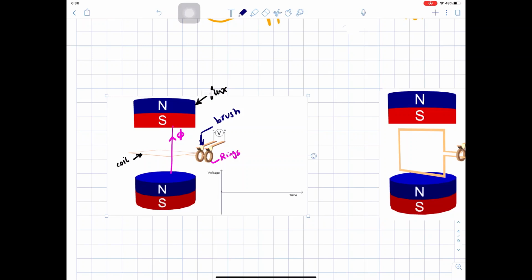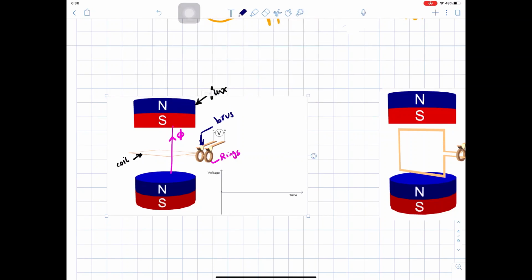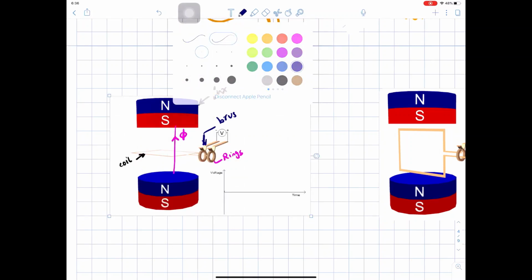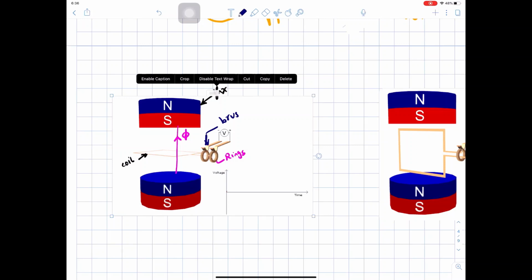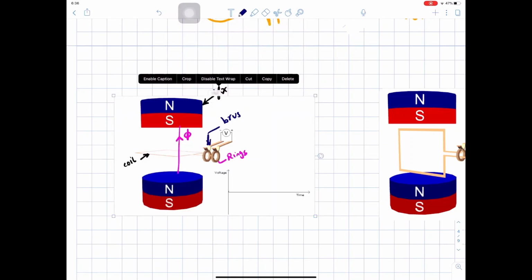This coil has a side A. Okay, let's see what is going on here. So this coil has side A, side B, side C, side D.